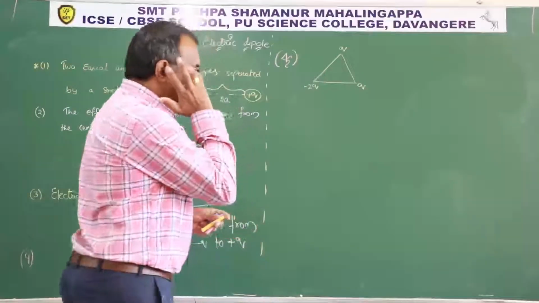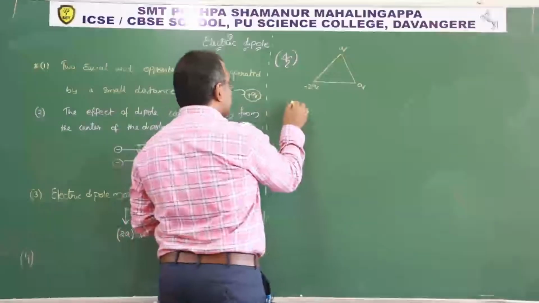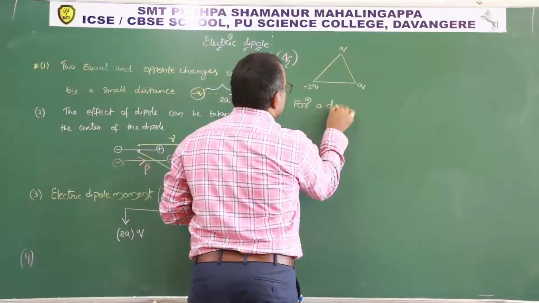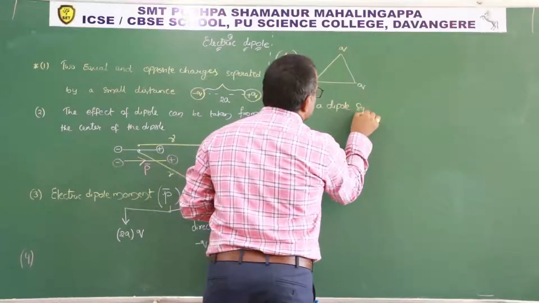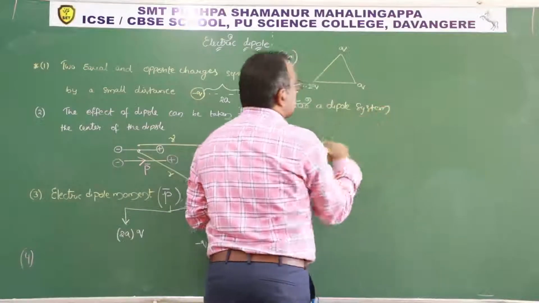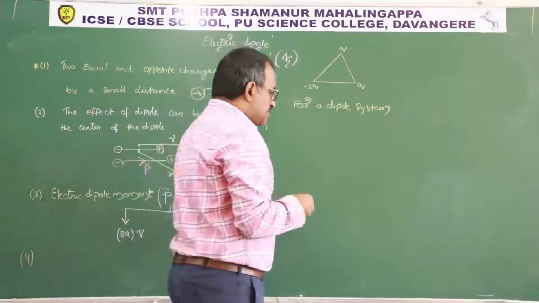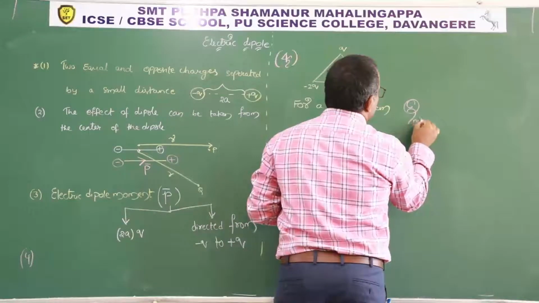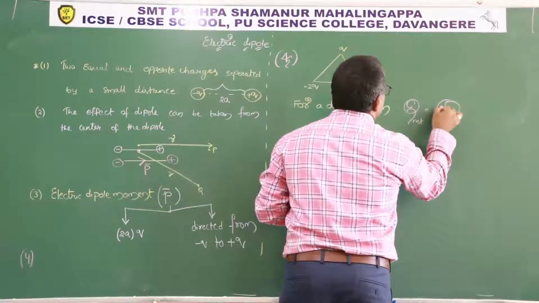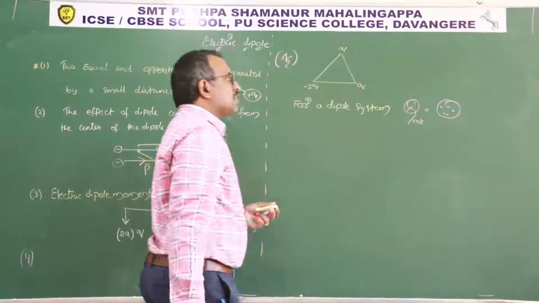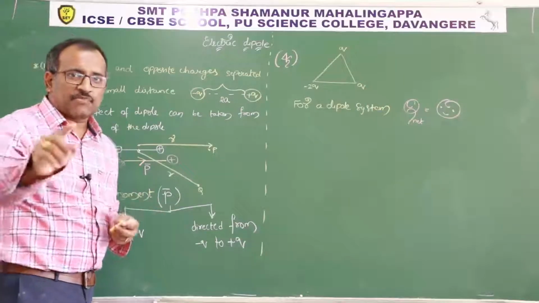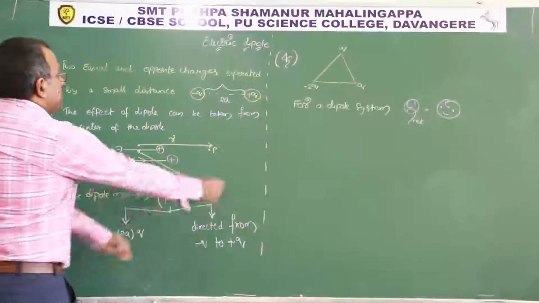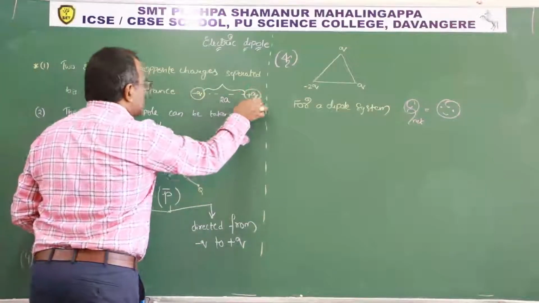How come? The fourth point is, for a dipole system, mind it, the net charge should be 0. You can understand this. For a dipole, minus q is the charge, plus q is the charge.